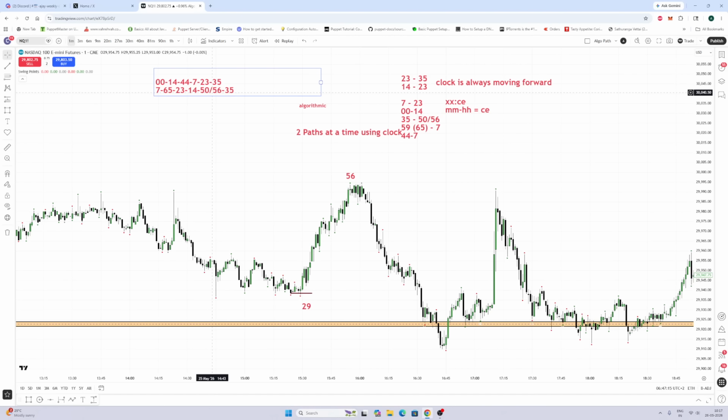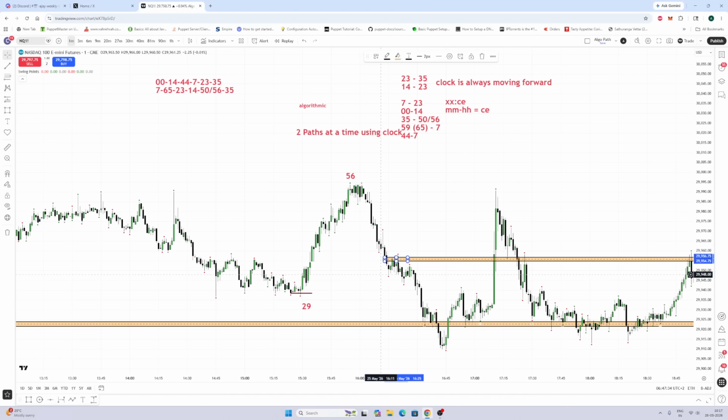And hold it till what time? So if it follows the path, you should hold till 14. So here 16, 14 is where you should hold. Now how do you know it's continuation, right? So it should have gone up from here, but that 14 is a CE time and it creates a bearish gap here, right?